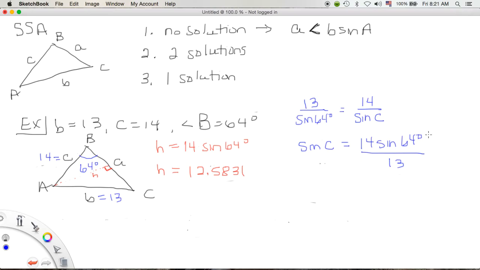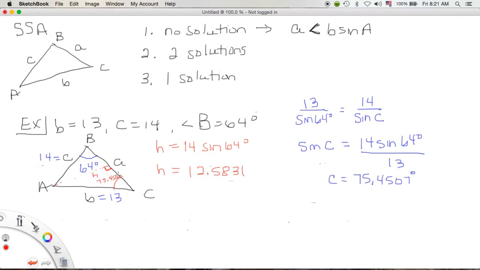So we calculate this all out and then take the inverse sine so that we get C is equal to 75.4507 degrees. Now, that gives us what C has to be. In one case.